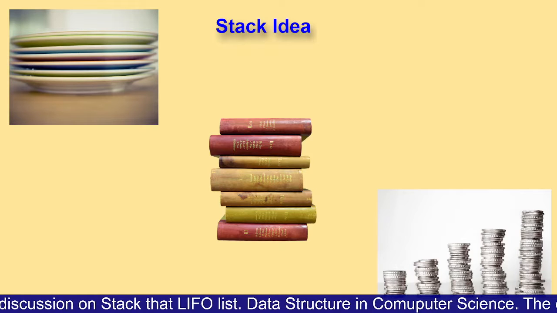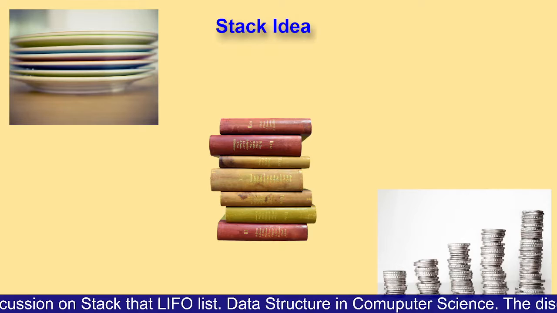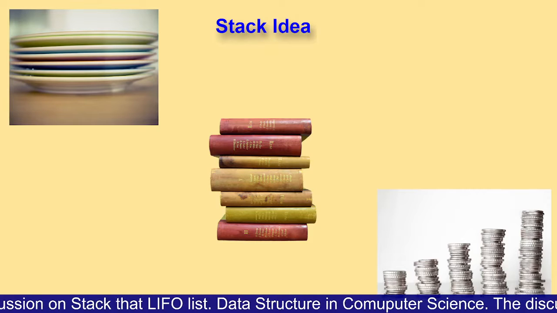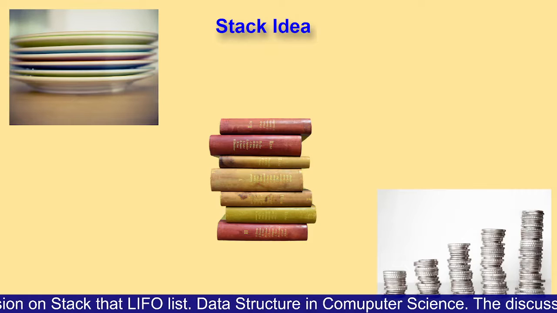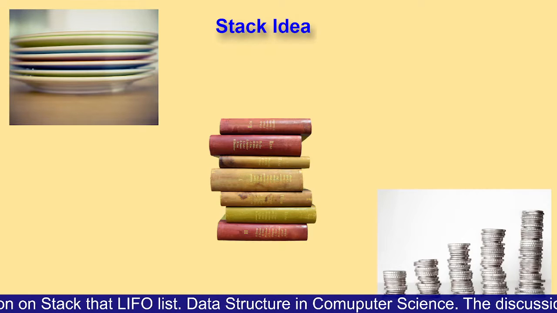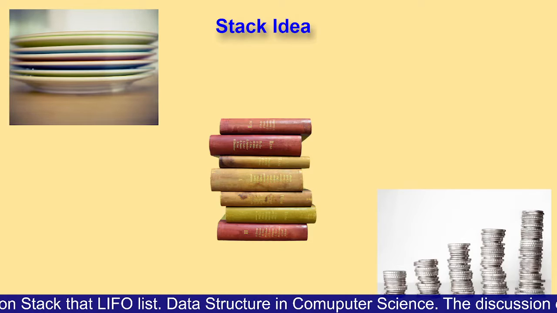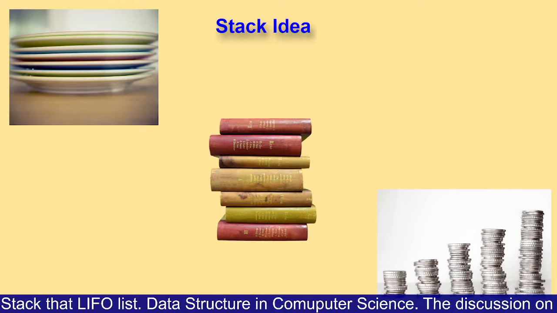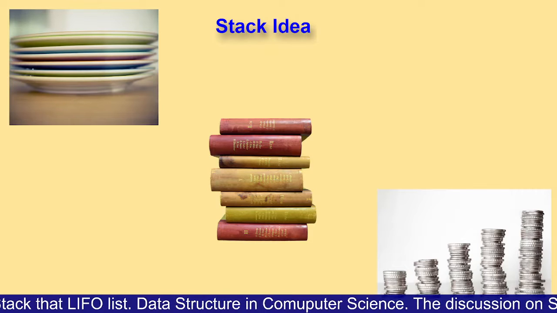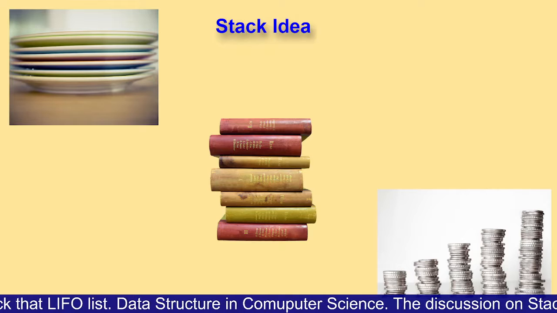You can see the empty table, meaning there was no object on it. As soon as the first plate comes in, it becomes the base of the stack. This will be the first element of the stack, and when there is no element on the stack, it means the stack is empty.